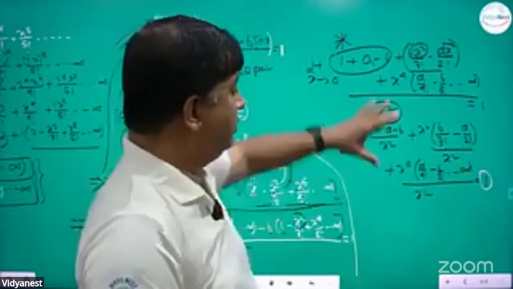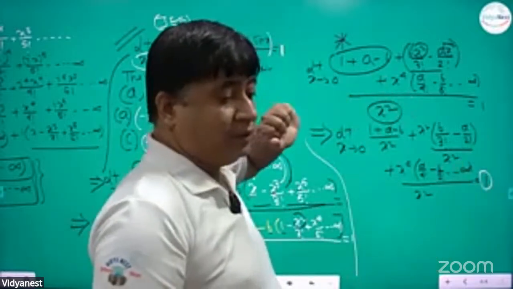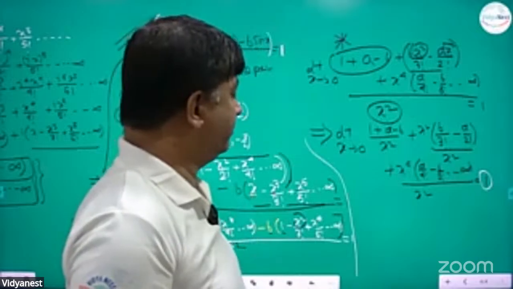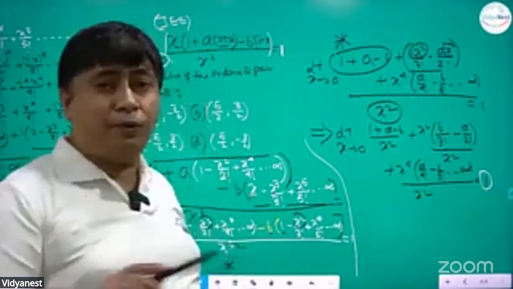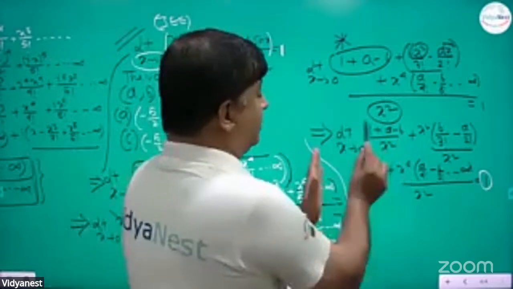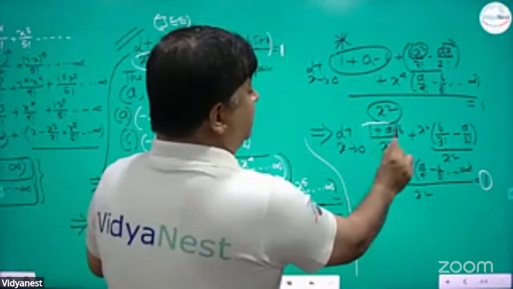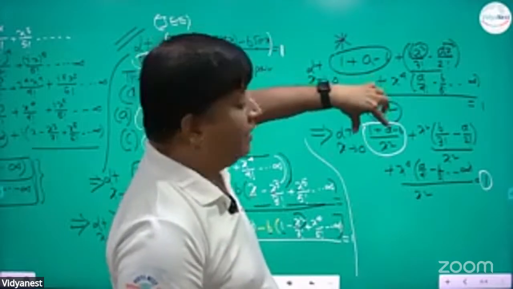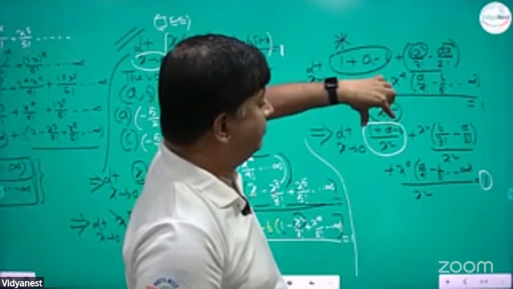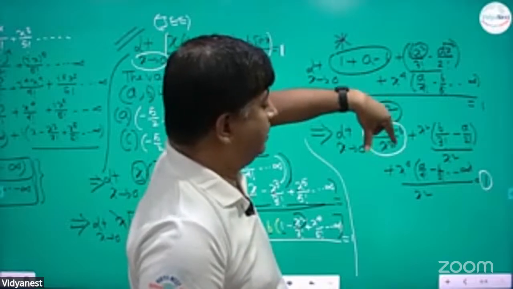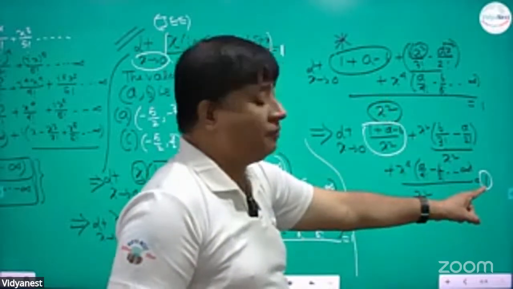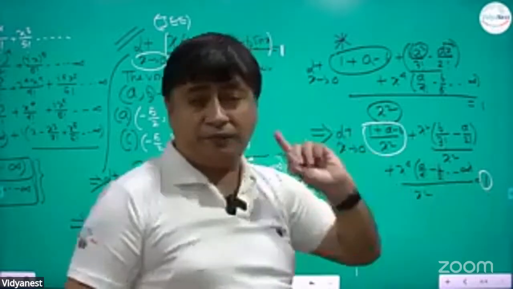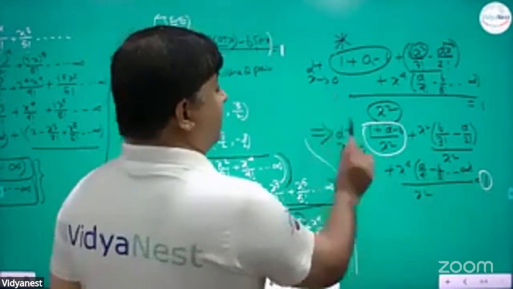So I can't put 0. So what I will do with this? I have to make it disappear, because if this part exists, then it will contradict that the limit has a finite value 1. Yes or no? Yes, sir. So it must disappear.